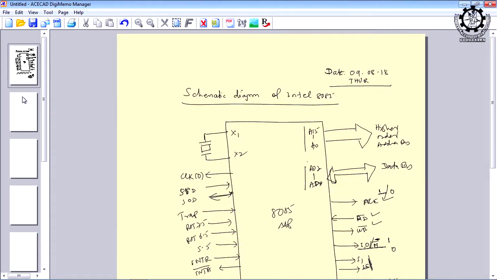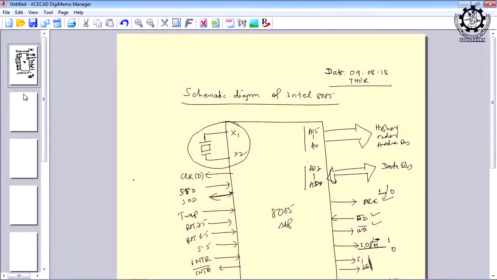Initially, it will be generated at 10 megahertz with the help of this oscillator. So, this part of the microprocessor is an oscillator which will be generating the clock signals, and that clock signal will be connected to various peripherals. As I told you, including your keyboard, mouse, whatever input and output devices can be connected.